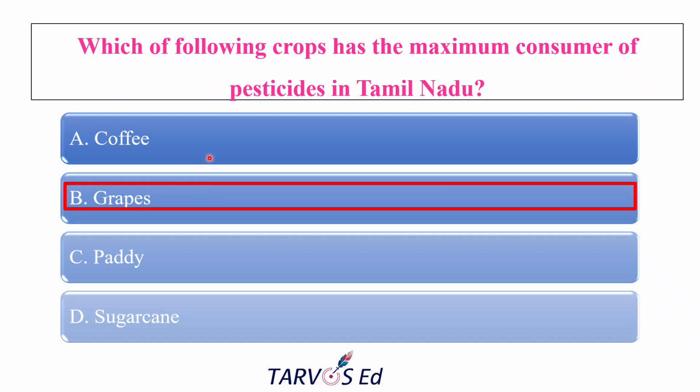Farmers often heavily invest in chemical inputs to ensure cosmetic perfection and high yield, which is necessary for their crops to get a good market price. That is the reason. And also per hectare, the consumption is more in grapes when compared to other crops.